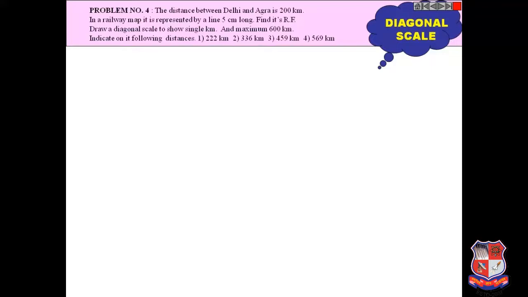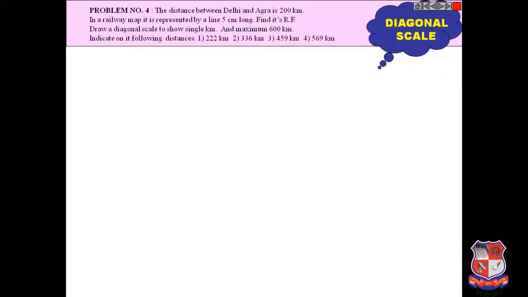Find its RF, means representative factor. Draw a diagonal scale to show single kilometer and maximum 600 kilometer. Indicate on it the following distances, means you have to indicate the following distances on your diagonal scale.